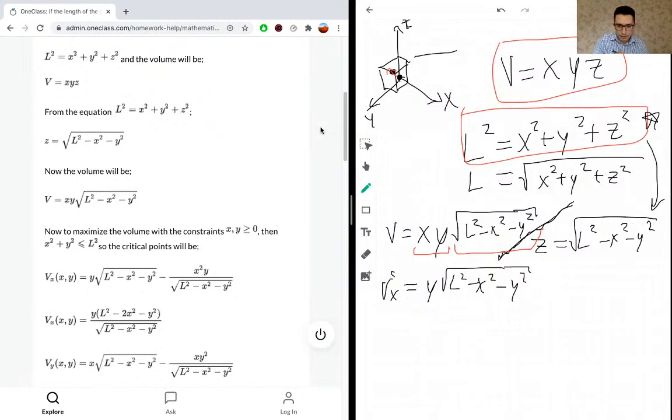Now this is the first component of the derivative, and then the second component is the derivative of the second. The derivative of the second part, the L squared minus x squared, is a little more complex, so we'll leave that and do it in a second. So plus, and then it will be times the first. We would multiply whatever the derivative is of the second component with xy, which is the first.